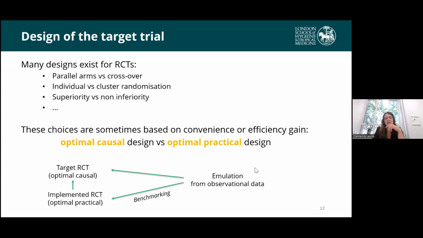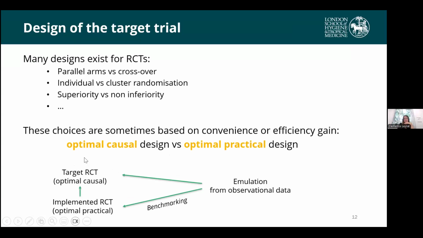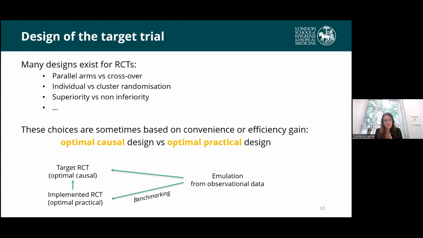So just to illustrate that, if we want to emulate a trial from observational data, we can think about the target trial, which I will call the optimal causal trial, so what would be the ideal design for my question.